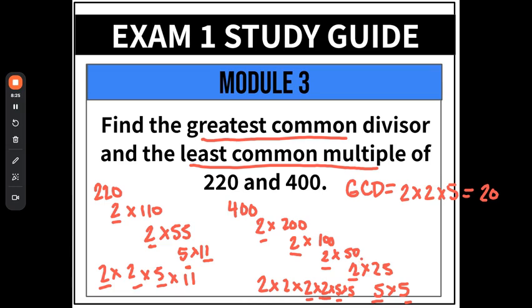Okay, and then the least common multiple is going to be the greatest common divisor, so 2 times 2 times 5 times 2 times 2 times 5 times 11.